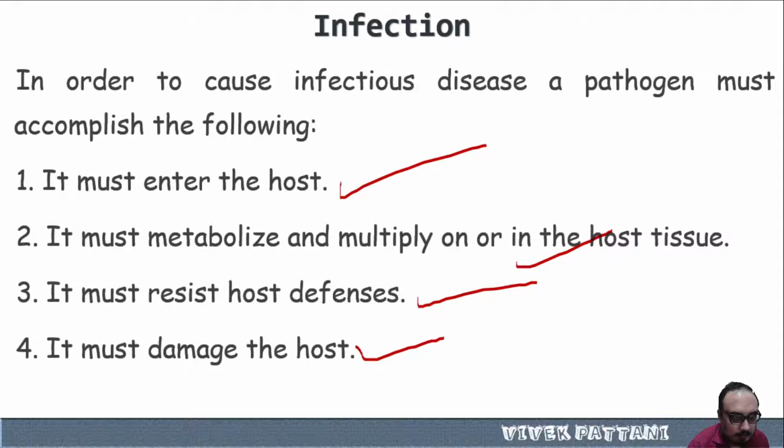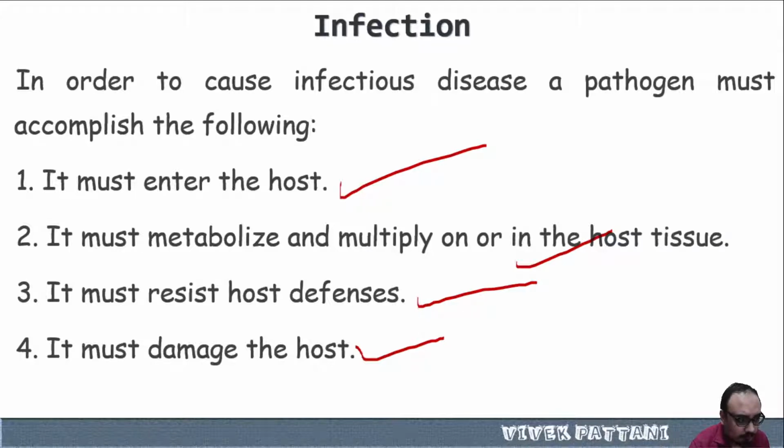So these are the points to be kept in mind in the case of the pathogenicity of a disease, and more particularly, to be specific, in the case of an infection. So what are the other points? There are also various types of infections.